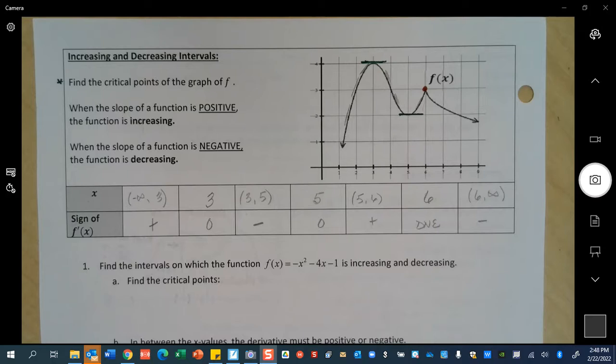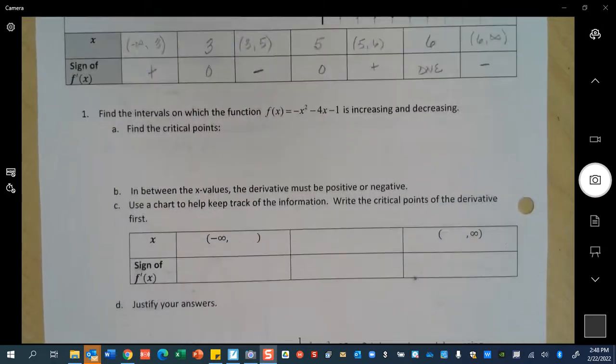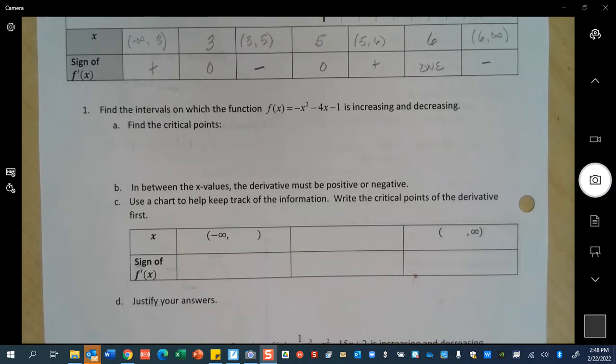All right. So now I'm going to take my function and find my critical points, and then, in between those x values, figure out if my derivative is positive or negative. I'm going to use a chart to keep track of my information to see what is happening to my function as it changes.